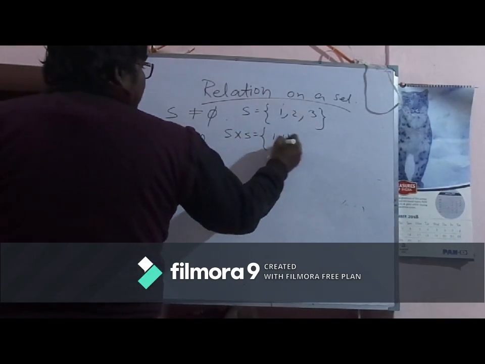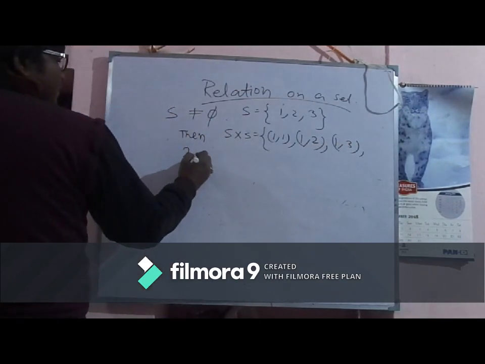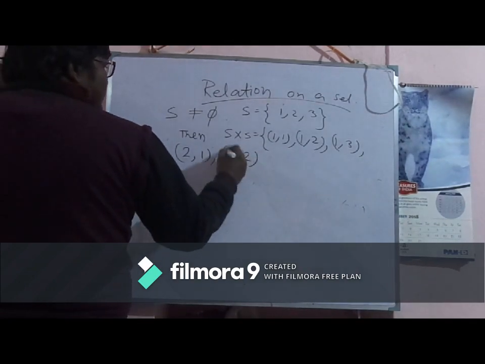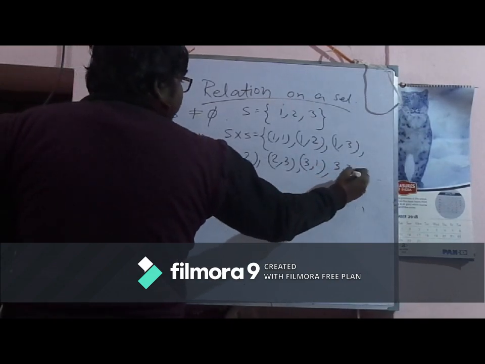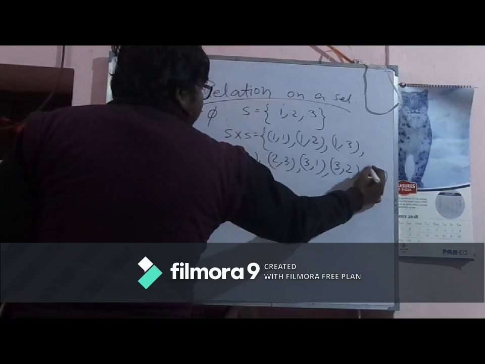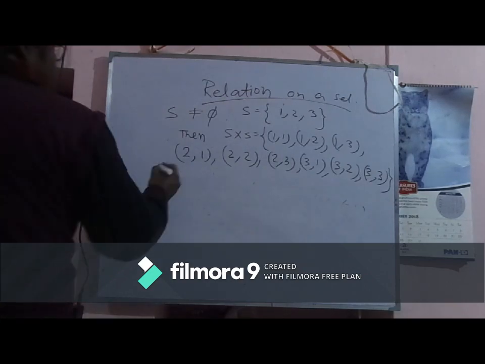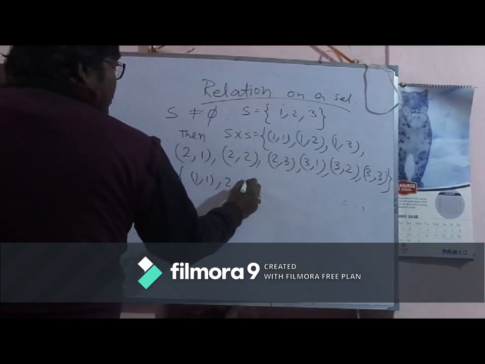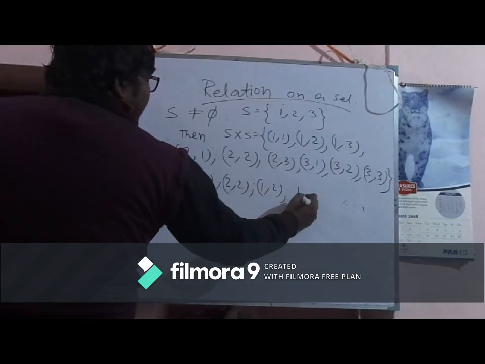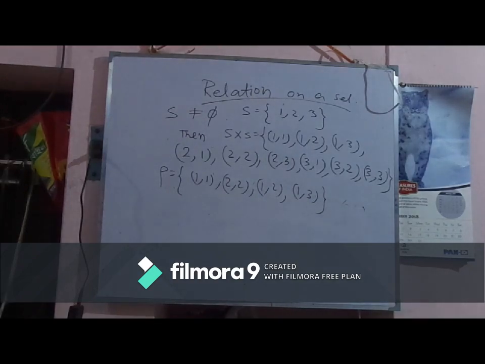The elements are (1,1), (1,2), (1,3), (2,1), (2,2), (2,3), (3,1), (3,2) and (3,3). Any non-empty subset of S cross S is a relation. For example, if we take rho equal to {(1,1), (2,2), (1,2), (1,3)}, this is a relation on S.